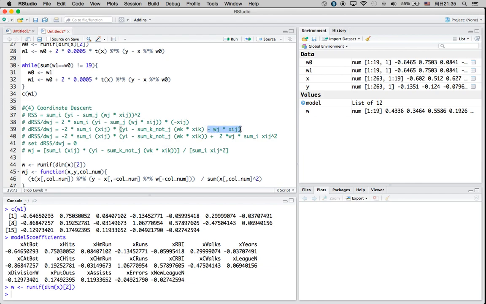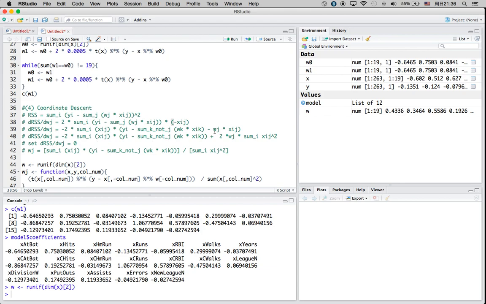And here I'm isolating the jth coefficient and the jth column of x here. So basically, it just rewrites this equation by bringing the jth coefficient and column outside.